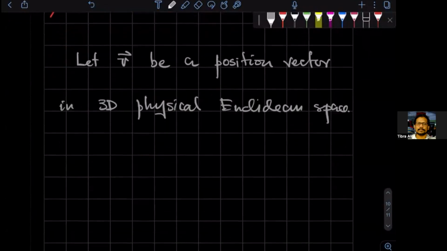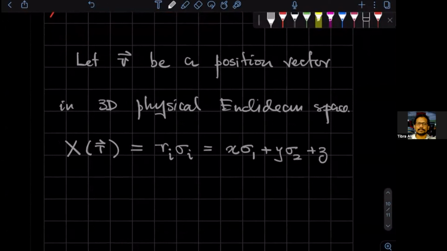Now, I'm going to express R as a matrix, capital X. The matrix X is going to be the dot product between R and the Pauli matrices. What I mean by this is that it's x sigma 1 plus y sigma 2 plus z sigma 3.